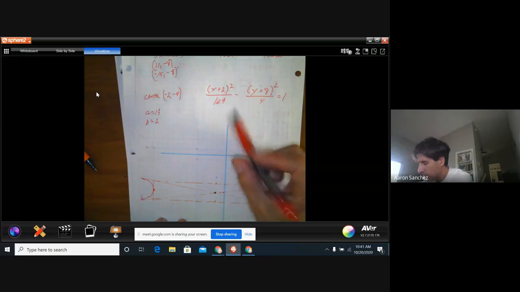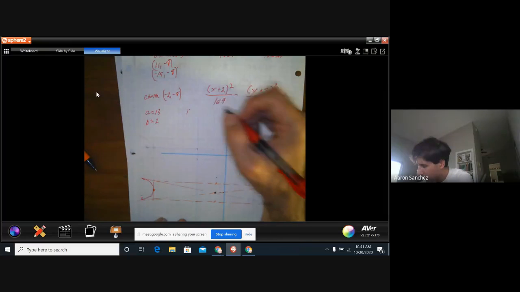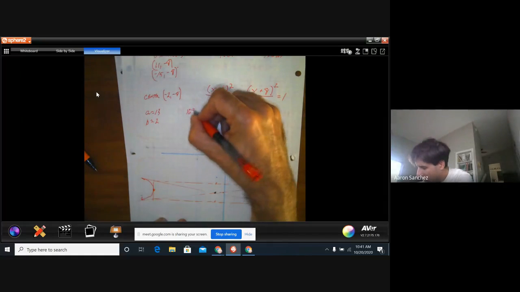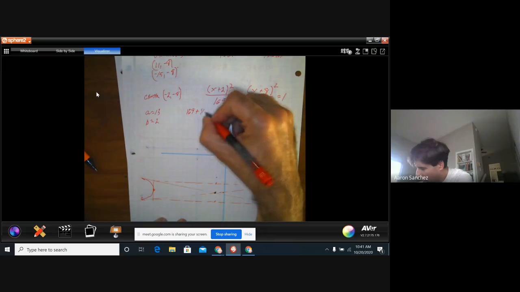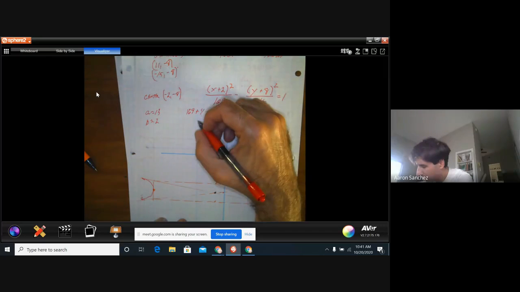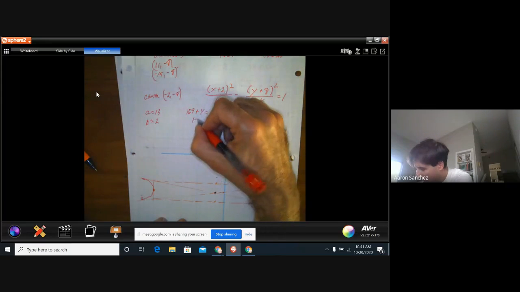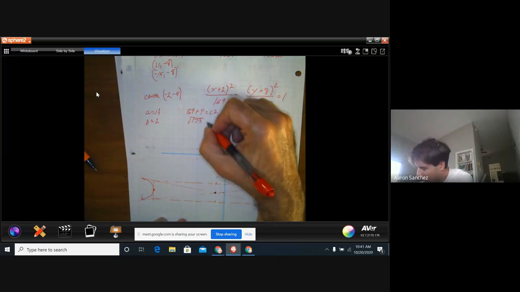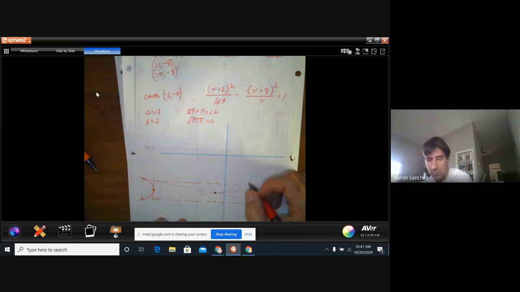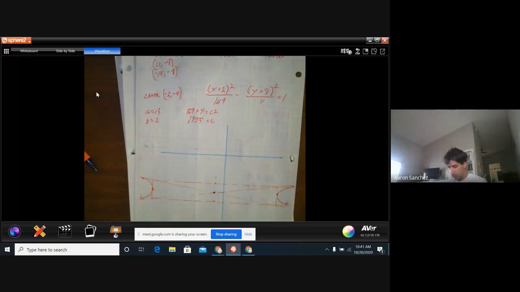And then the foci: c squared equals a squared plus b squared. So it's 169 plus 4 equals c squared. 169 plus 4 is 173. So the square root of 173 equals c. I don't think we can break that down. Is 173 divisible by anything?